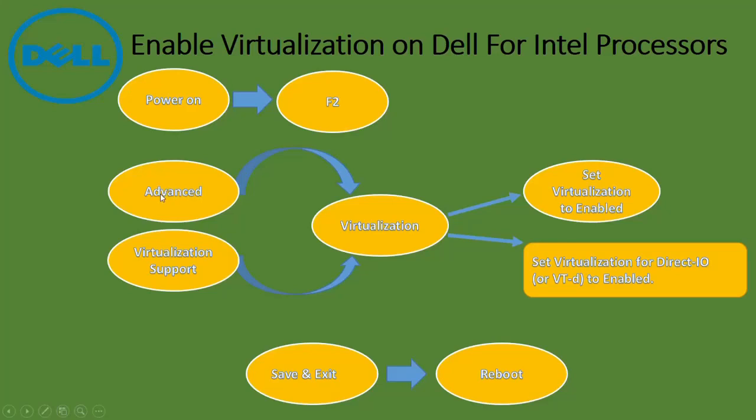Select Advanced or Virtualization Support, and then select Virtualization and set virtualization to enabled, and also set virtualization for direct IO to enabled. Then press F10 to save and exit, and then reboot the system.